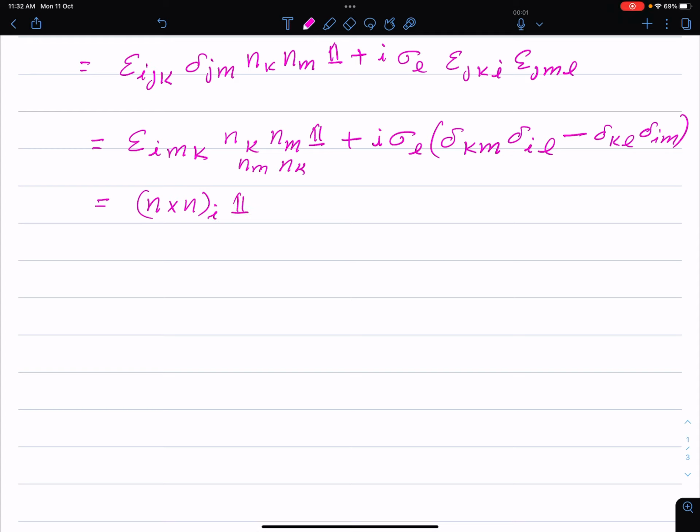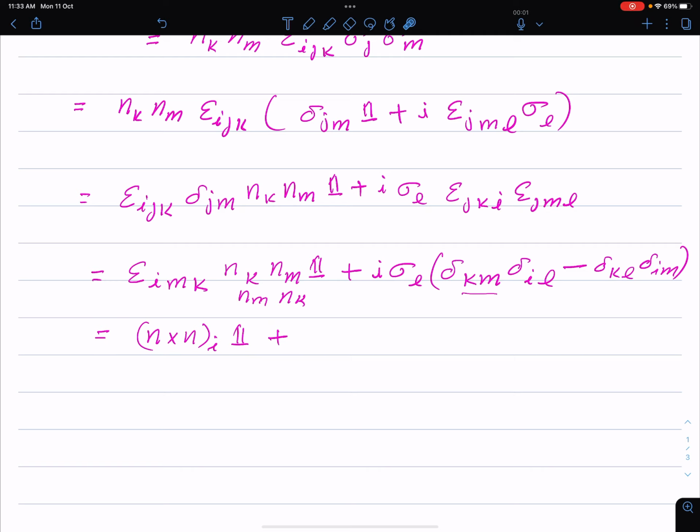So you can substitute wherever k with m. And okay, we missed some terms earlier, because this nk nm, you are supposed to multiply here also, the second place also.